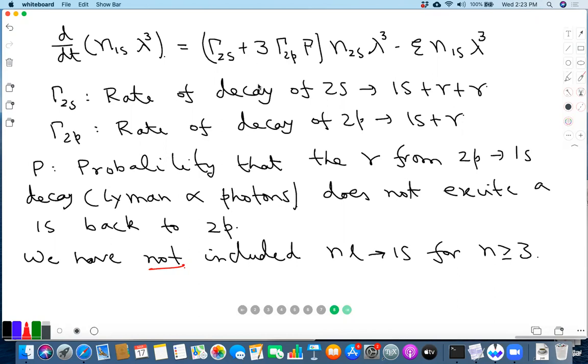But see, the point is that here, this can excite it back to a 2p, right? So the reason that I have included it here is because once the electron loses energy, then it cannot excite it to anything. That's why this is non-trivial. I mean, you can ask, why didn't you include p equal to 0?